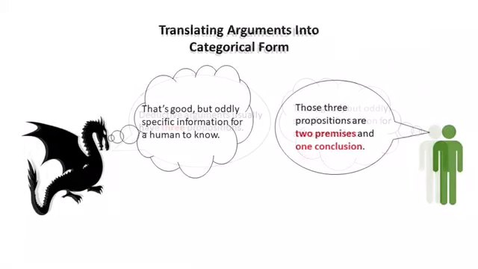And apparently the fellow in green has taken a logic class because he goes on to say, those 3 propositions are 2 premises and 1 conclusion. So you want to make sure you're getting this into your notes. Deductive arguments usually have 3 propositions, and those 3 propositions are 2 premises and 1 conclusion. And there's Mr. Dragon over here, and he's thinking, that's good, but oddly specific information for a human to know.